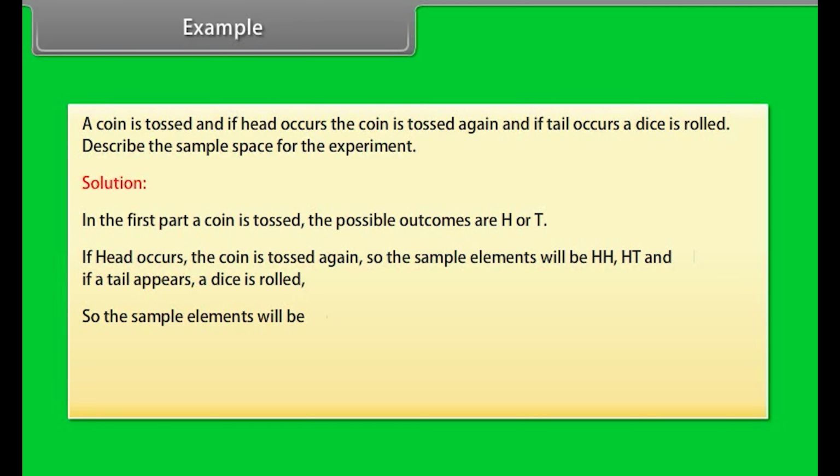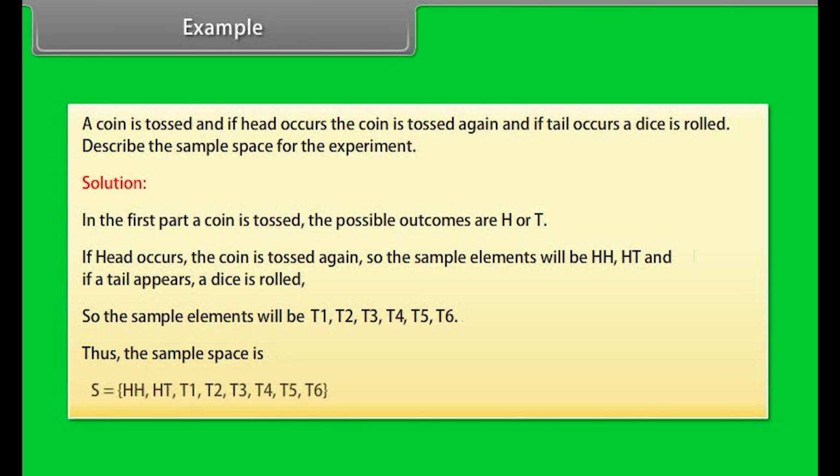So the sample elements will be T1, T2, T3, T4, T5, T6. Thus, the sample space is S is equal to HH, HT, T1, T2, T3, T4, T5, T6.